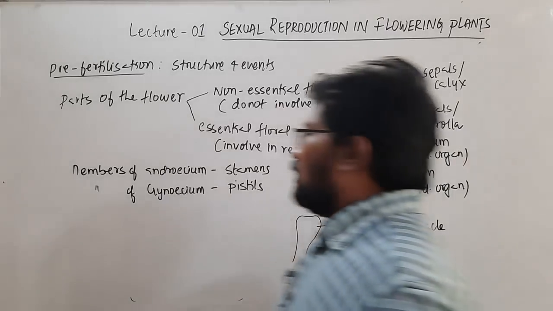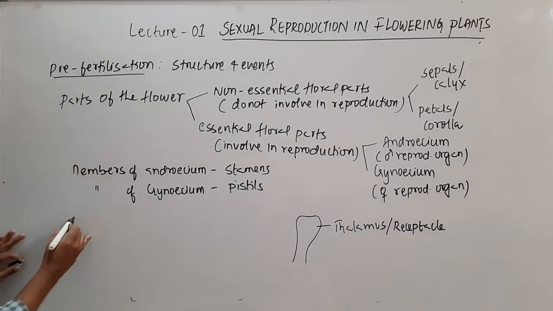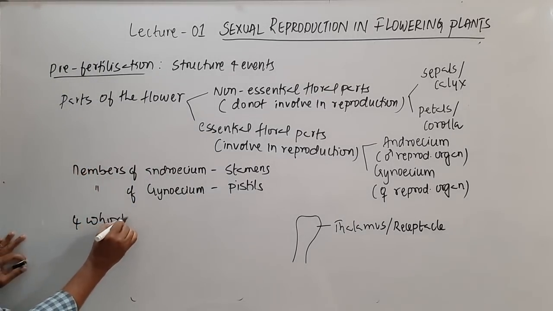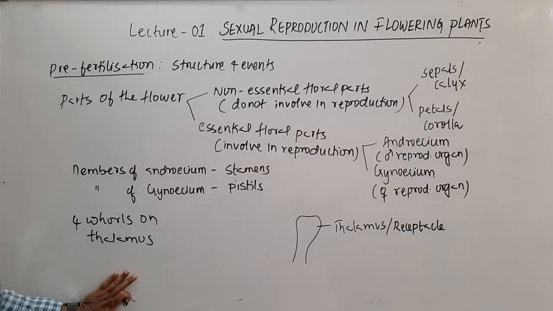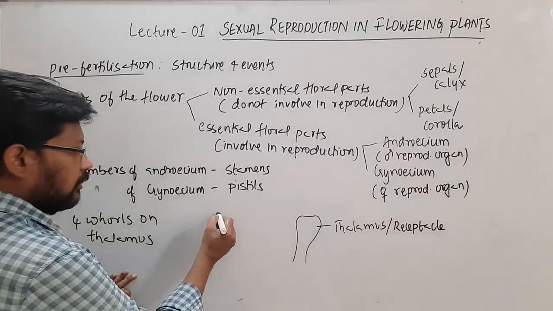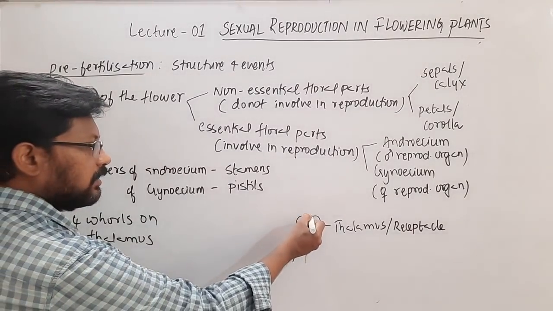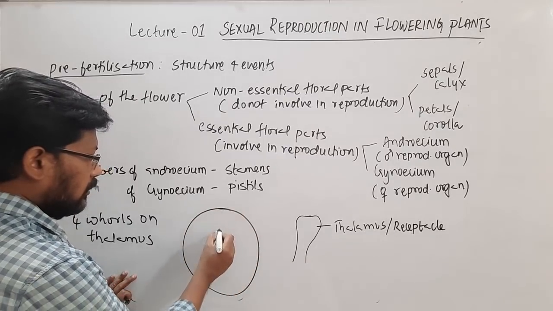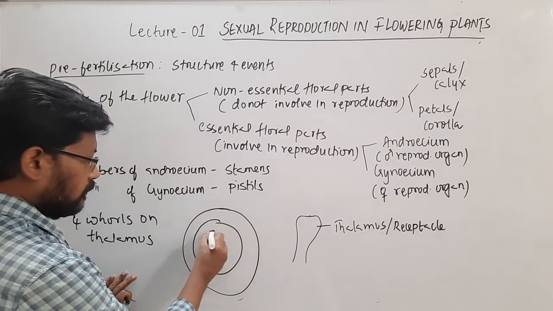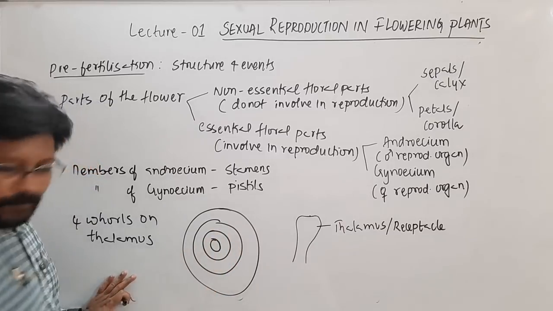So there are four whorls on the thalamus. Each whorl is a circular structure occupied by the members of the flower, that may be the sepals, petals, and so on.